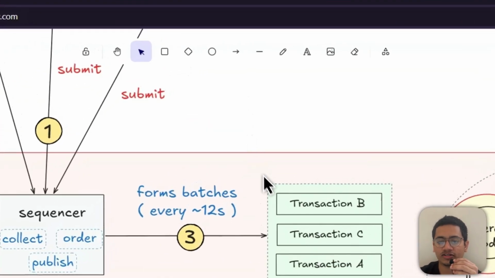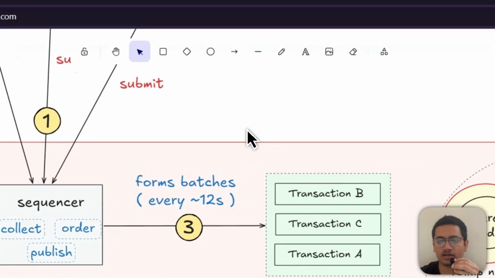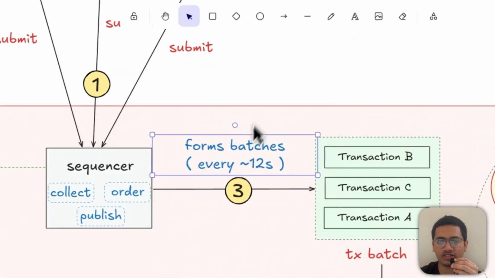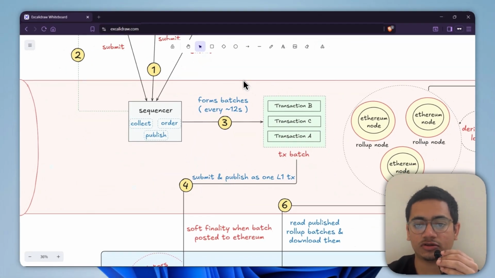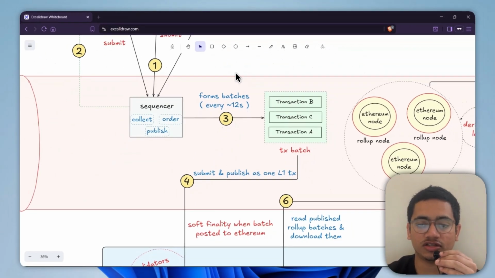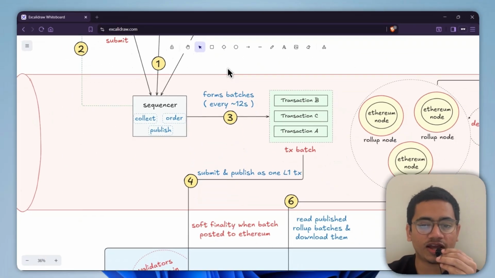To address that issue and make it cheaper, the sequencer collects transactions, orders them, and posts them to Ethereum layer 1 as a single transaction batch. These transaction batches are formed every 12 seconds. Why is it done? Because every 12 seconds there's an Ethereum block produced on Ethereum. So just to align with that, it's done.